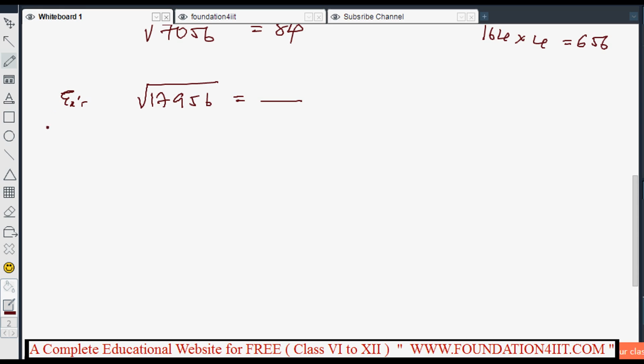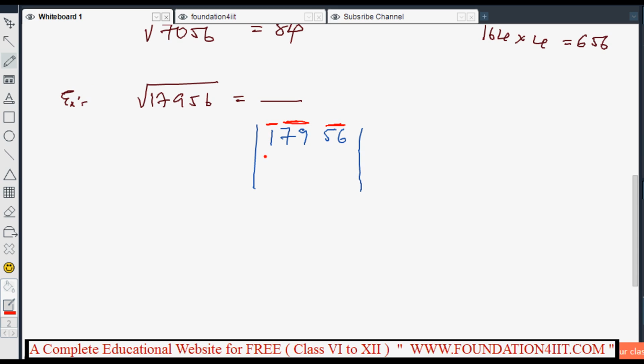Now the question is 17,956. From the units place onwards, you should take pairs. That is, 56 is one set, 79 is next, and only 1 is left. So 1 itself is a period.